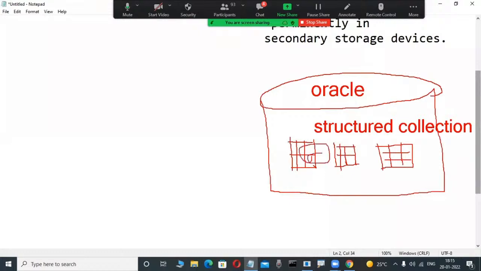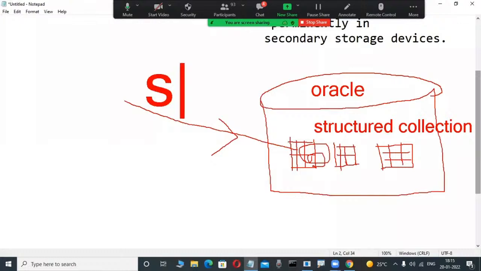Once we have a structured collection of data, to operate on this data some language is required. Maybe anybody has an idea? SQL, Structured Query Language. Through this language only we operate on the structured data in relational databases.